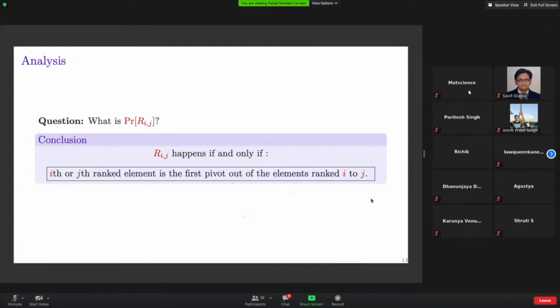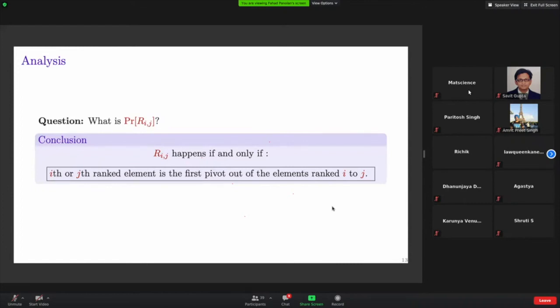So what is the probability that you are going to pick i or j among these i to j? Look at the elements whose rank is i to j. If the first one is i or j, then this will be compared. What is that probability? What is the probability of Rij? How many elements are there whose rank is between i and j? j minus i plus 1.